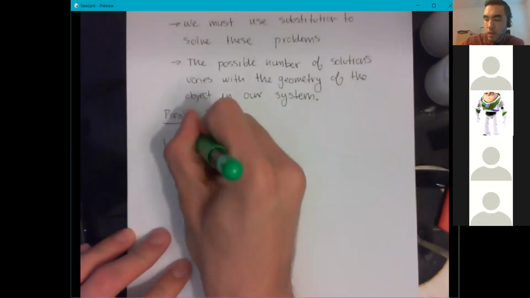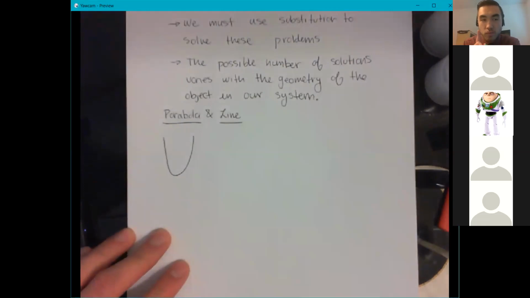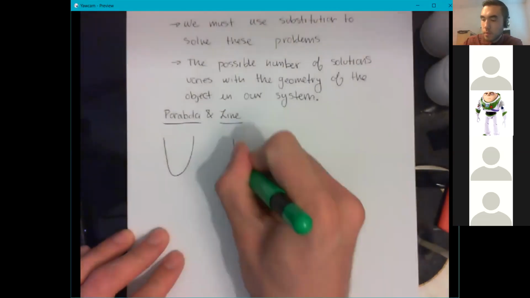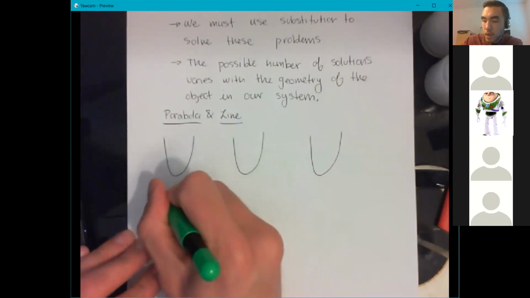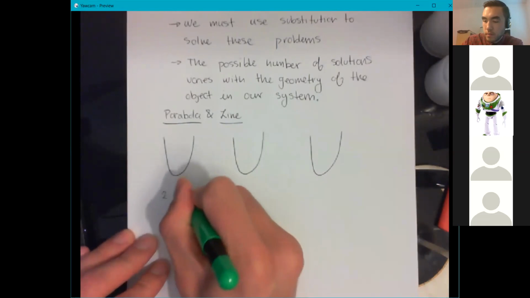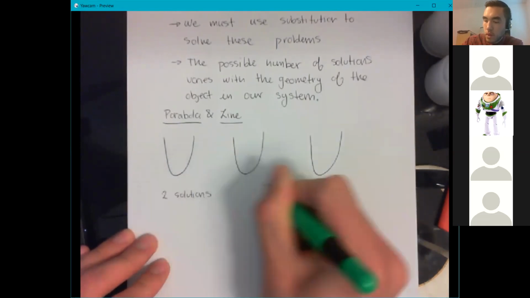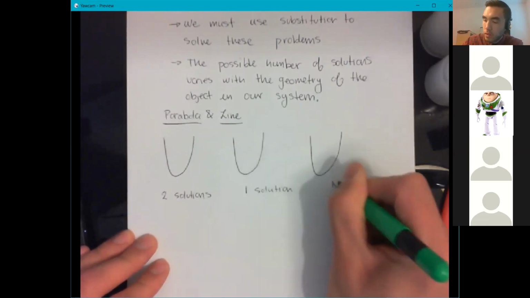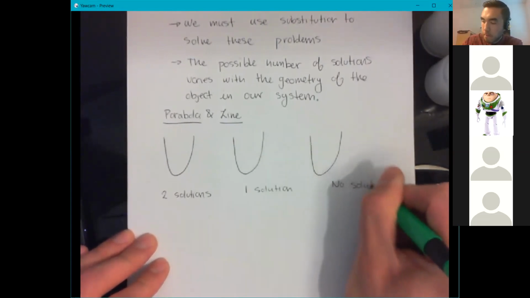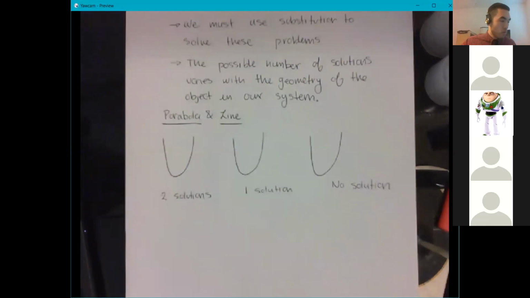If you want to condense your drawing at home, you can make one big parabola and then put a couple different lines through it. The outcomes for our parabola and line can either be 2 solutions, 1 solution, or no solutions, all depending on the relative position of our line.